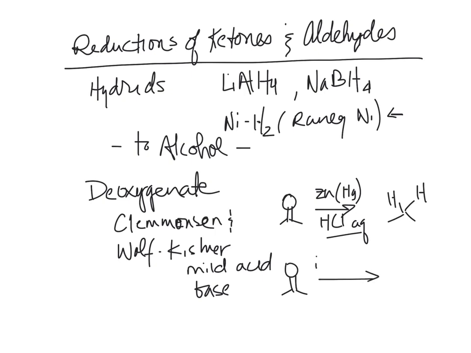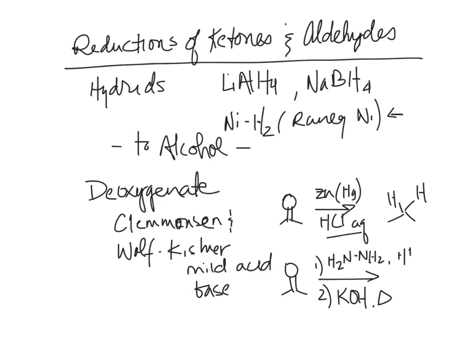We would start with hydrazine, H2N-NH2, and a little bit of acid. That's, again, a pH of about 4.5 because we're forming an imine. And then the second step will be to add KOH and heat it up. So the first one is hot acid, the second one will involve hot base.